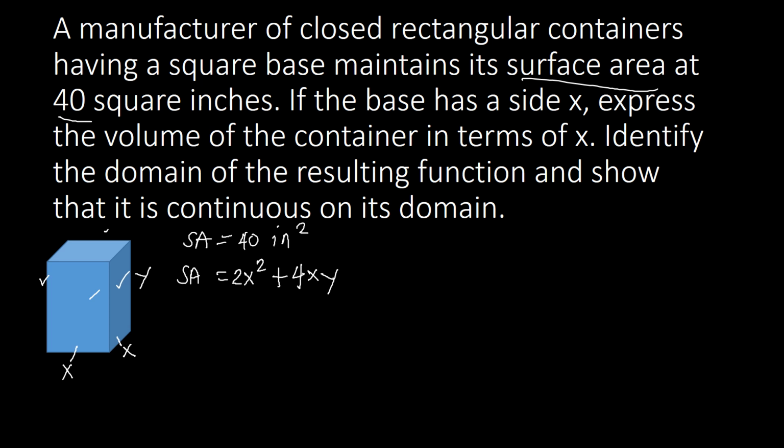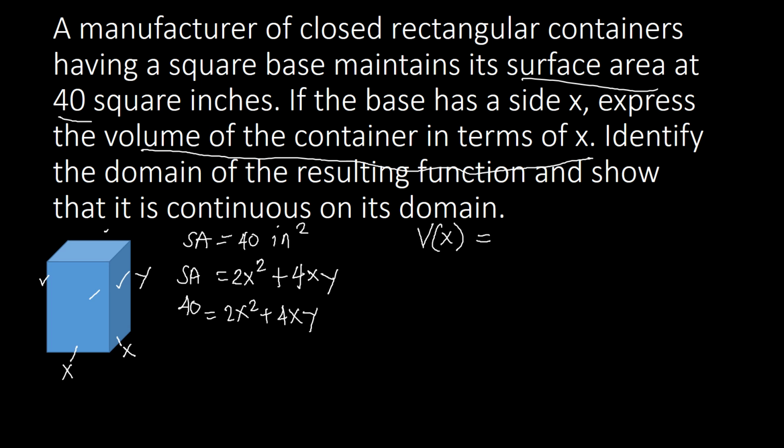Now, plugging in the surface area, we have 40 equal to 2x squared plus 4xy. Then, based on the problem, we are to express the volume of the container in terms of x. So we recall the formula for the volume, and since this is a function, we will represent it as V of x, because this is a function in terms of x.